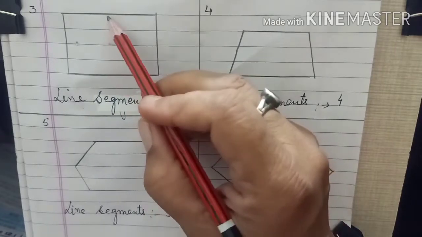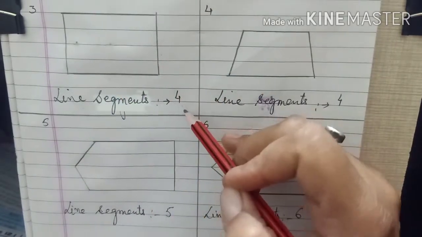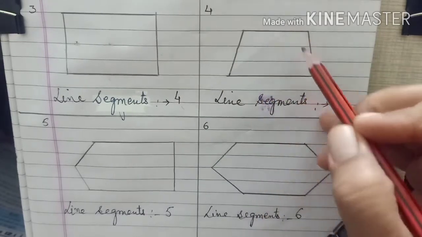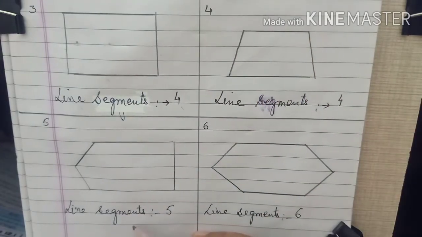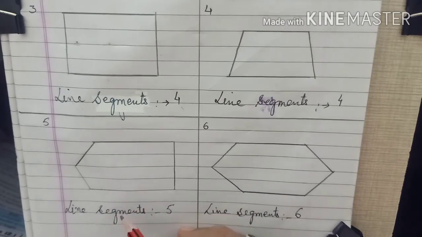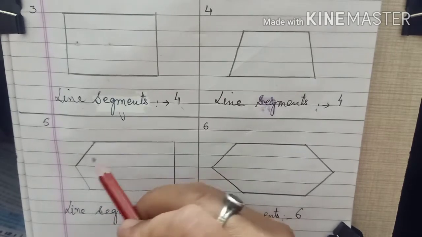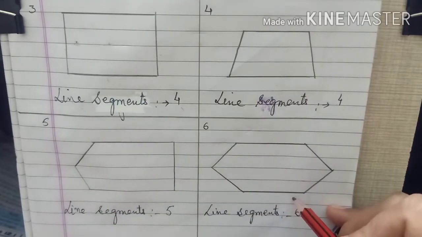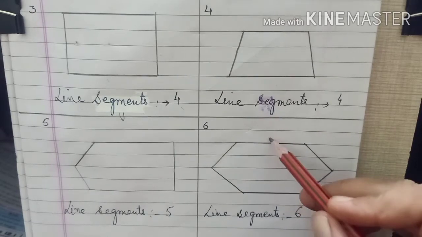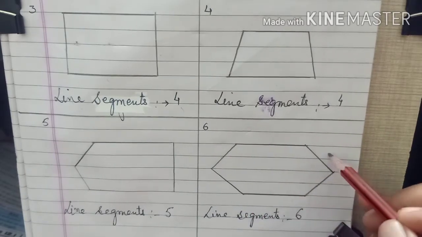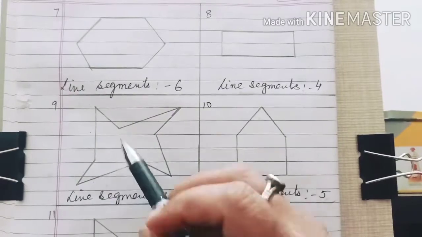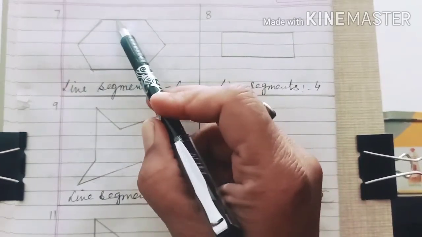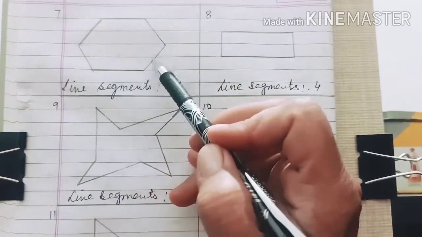In the fourth question there are also 4 line segments. Question number 5 has 5 line segments. Question number 6 has 6 line segments, 1, 2, 3, 4, 5 and 6. The 7th also has 6 line segments.